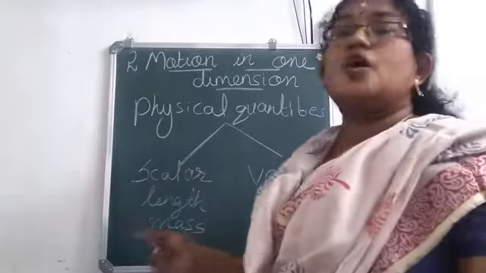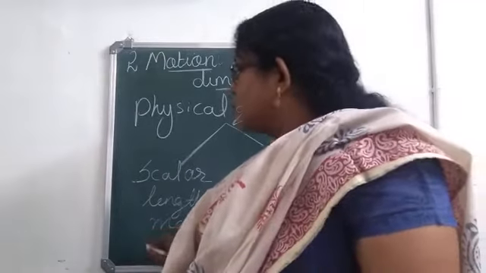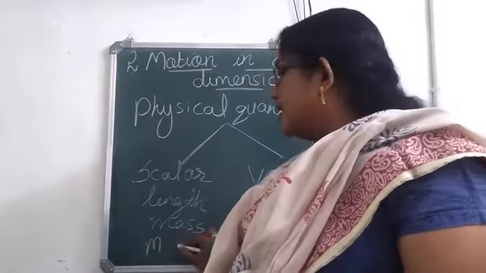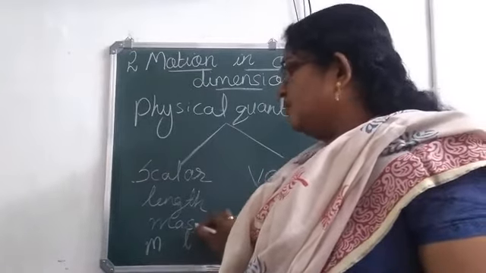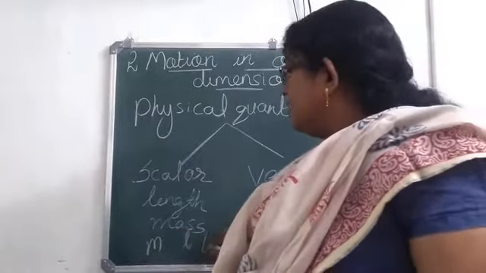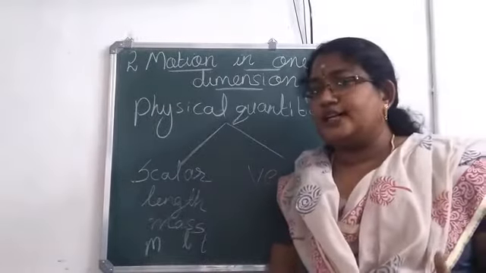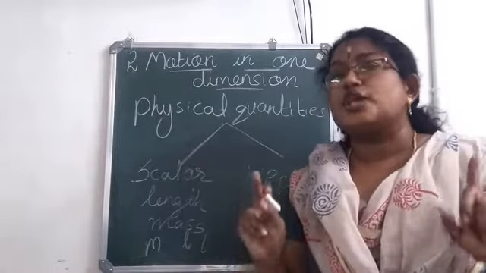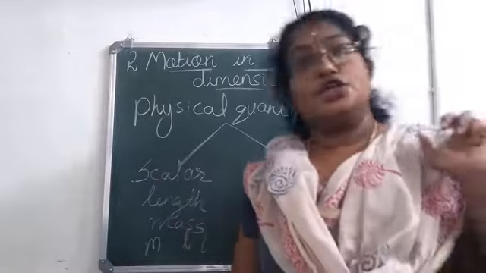These scalar quantities are represented by English letters. For mass, I can give M. For length, usually we give L. For time, we give T. So what are scalar quantities? Quantities which can be represented by the magnitude and unit.